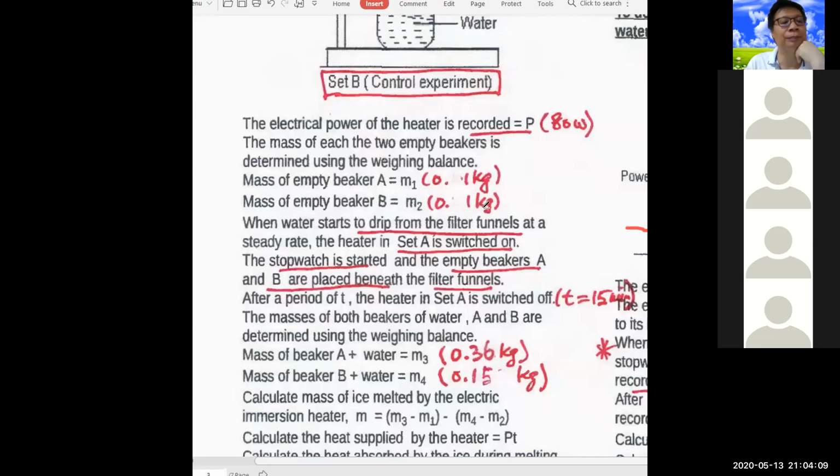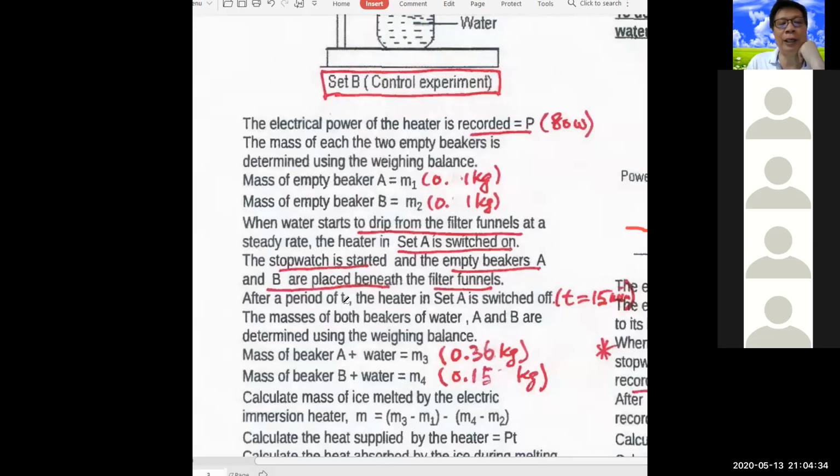Then, when water starts to drip from the filter funnel at a steady rate, you switch on the heater of set A, then start the stopwatch to record the time, and place the empty beakers A and B beneath the filter funnel to collect the water.